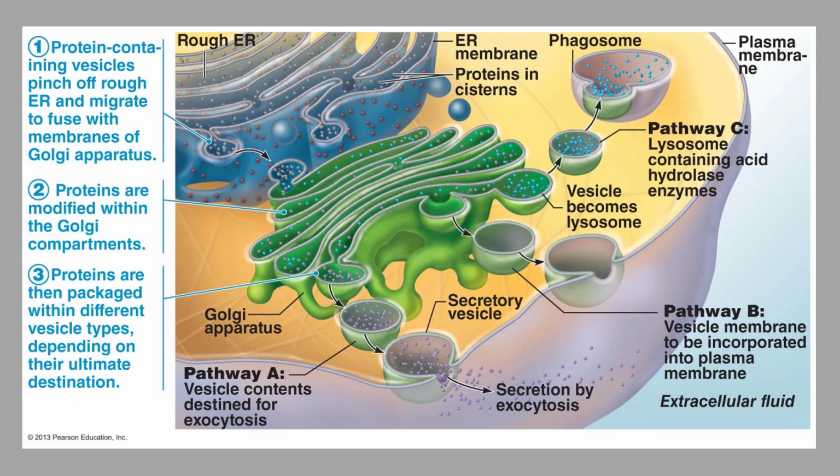Well, everything there is made out of phospholipid bilayer. It is completely fine that this piece of rough endoplasmic reticulum became a piece of Golgi and later becomes a piece of plasma membrane, which comes in and becomes a piece of phagosome that becomes a phagolysosome.